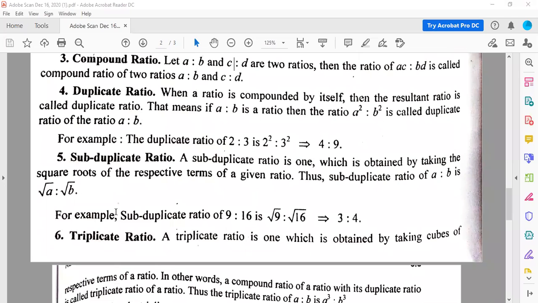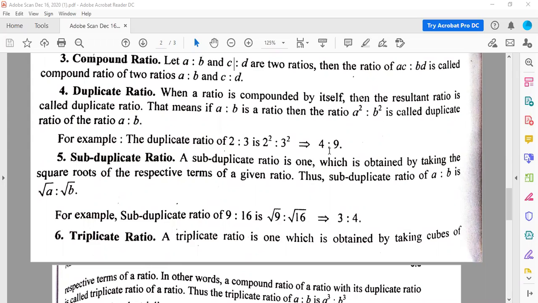Duplicate and subduplicate you have to learn together. It's very easy. Duplicate ratio means just finding the square of the ratio. When the ratio is compounded by itself, it is called duplicate ratio. So when you have a ratio 2 is to 3 and you square them, it becomes 2 square is to 3 square.